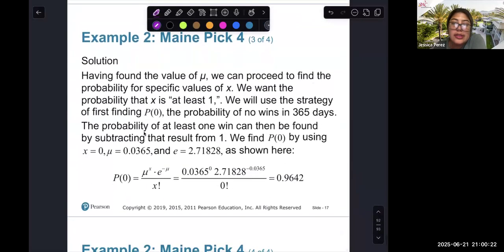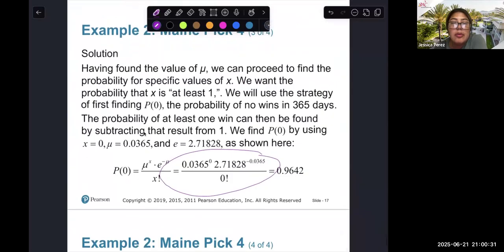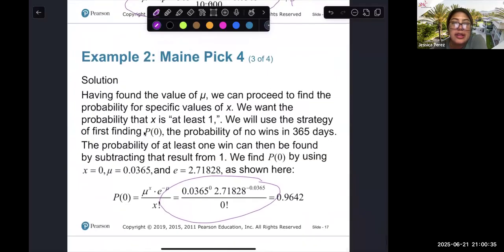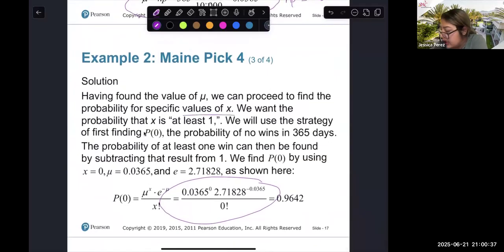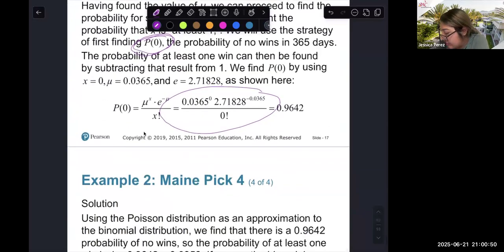And all we have to do is substitute our mu and our x into the formula. Because we have found the value of mu, we can proceed to find the probability for exactly x. The strategy is: what's the probability of being 0? That means no wins in 365, because we want at least 1.